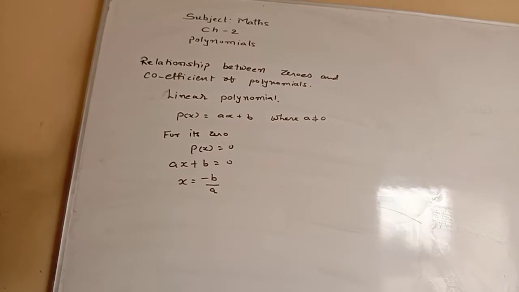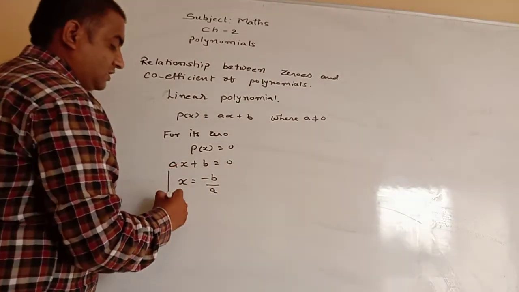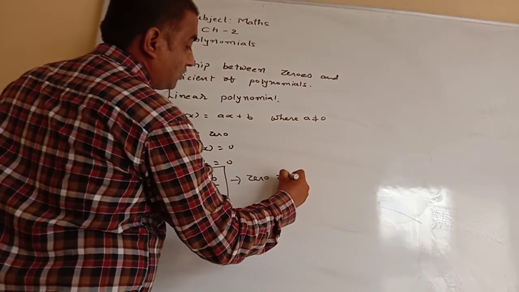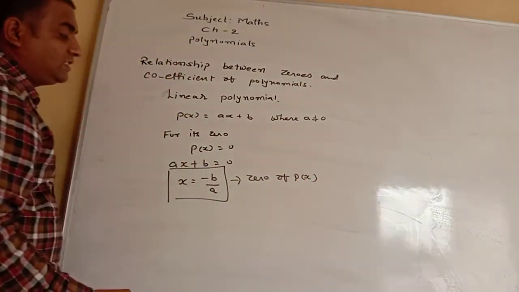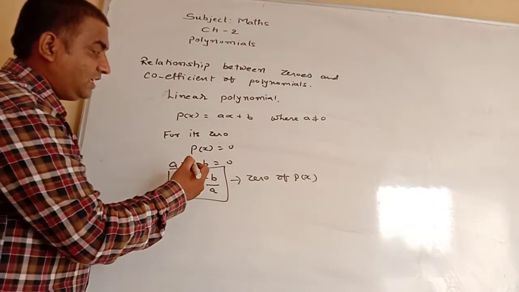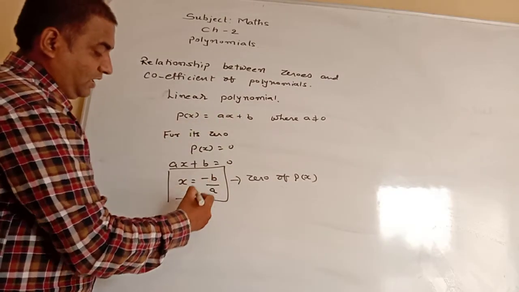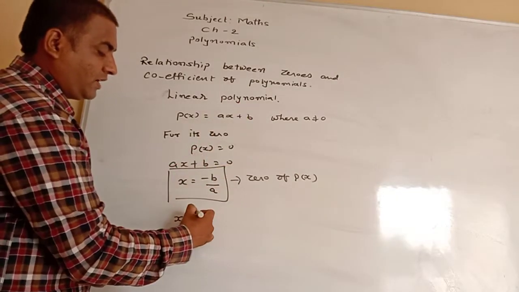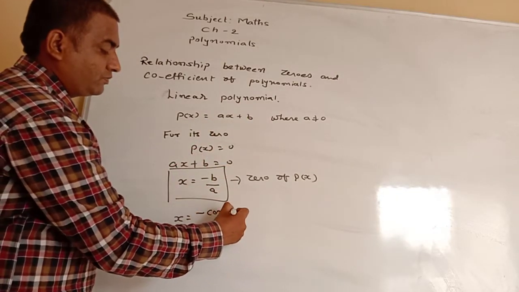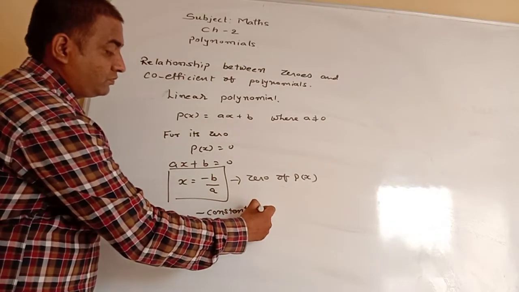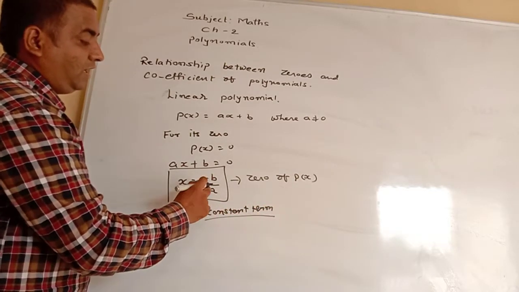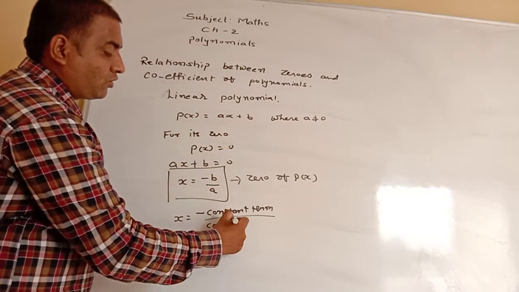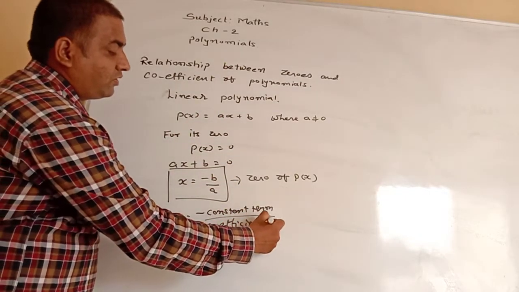So x equals minus b upon a is the zero of the polynomial p(x). Here b is the constant term and a is the coefficient of x.